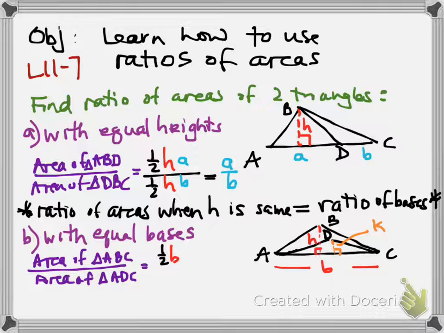And the height of the big triangle is going to be the H. And the smaller triangle, it's 1/2 B again, but this time the height is a K. So this reduces down to simply the ratio of the heights.